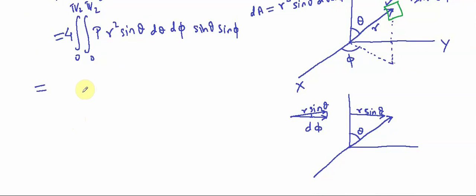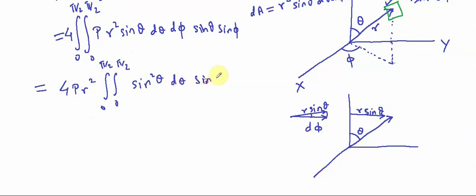Since 4, p and r are constants, I take them outside the integral. So we have 4p r square integral from the limits just mentioned, 0 to pi by 2, 0 to pi by 2, and inside we have sine square theta, because there are two sines, and d theta, and sine phi d phi.